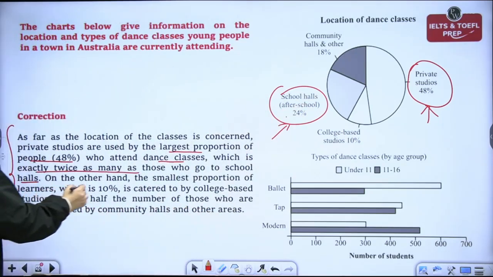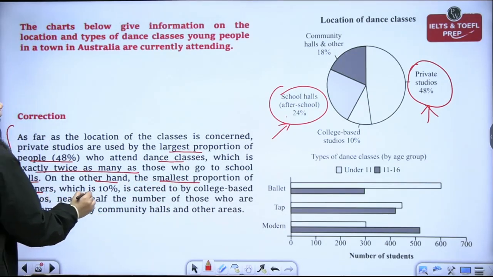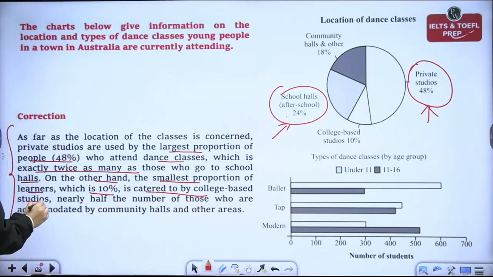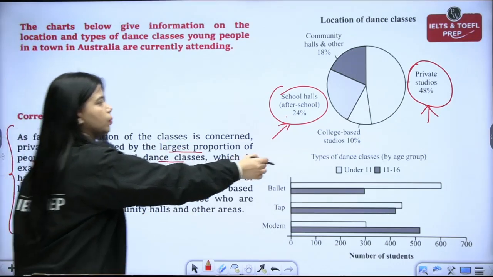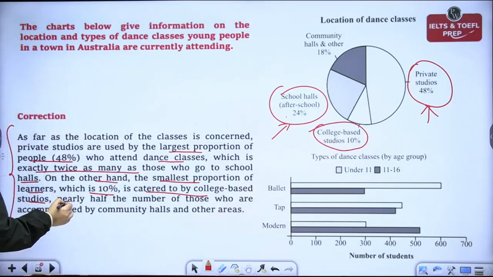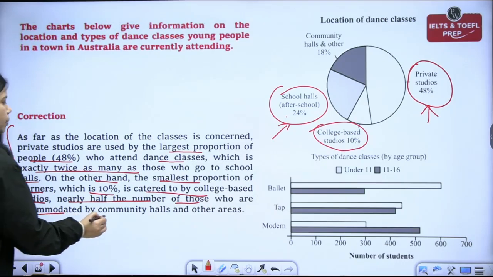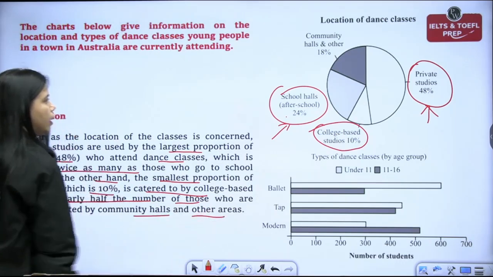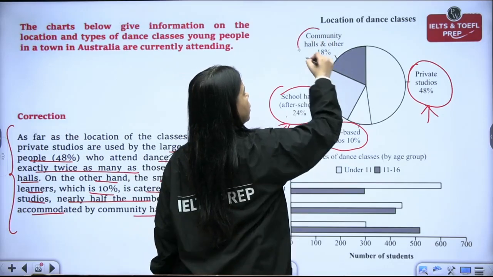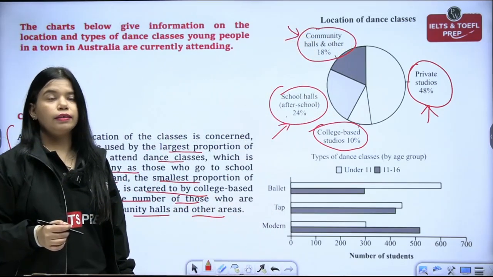And then I'm saying, on the other hand, the smallest proportion of learners, which is 10%, is catered to by college-based studios. Now I'm talking about the smallest proportion, 10%, which is nearly half the number of those who are accommodated by community halls and other areas. And this 10% is almost half the number of community halls and other areas.